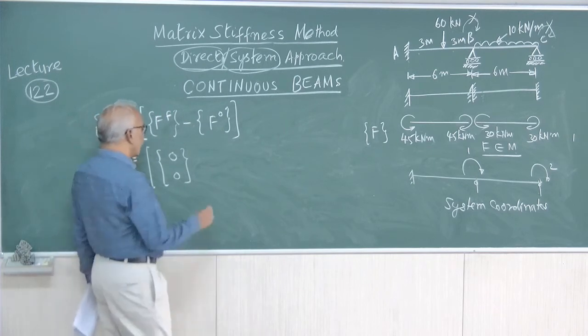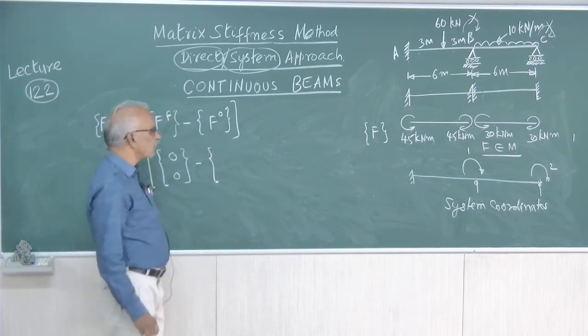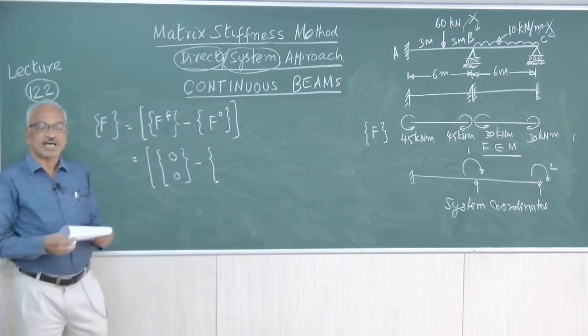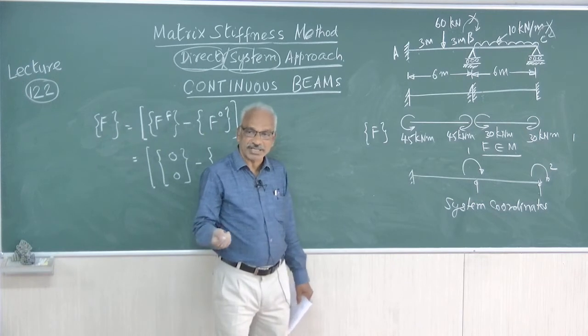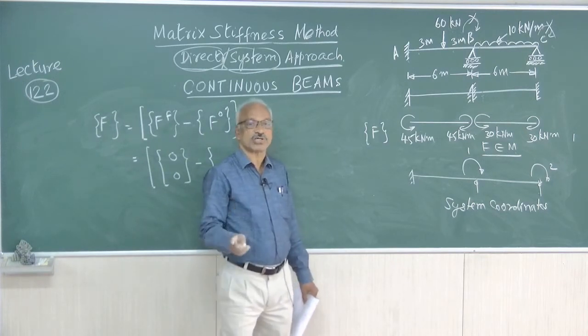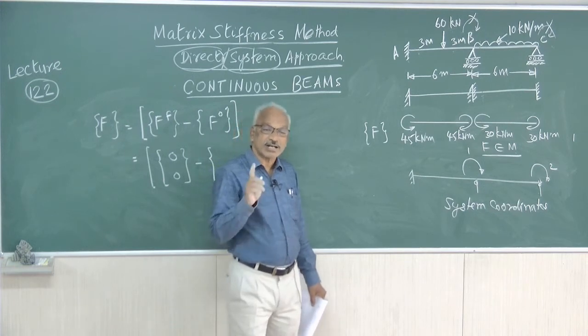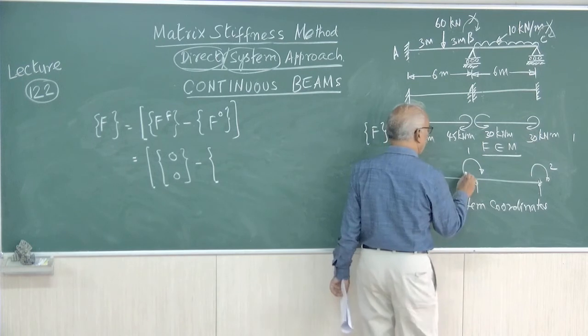Second one is the fixed coordinate forces. Fixed coordinate forces are resulting from the given external forces, namely from the fixed end moments. So, these values are to be calculated along the system coordinates only. That is, this is system coordinate 1.